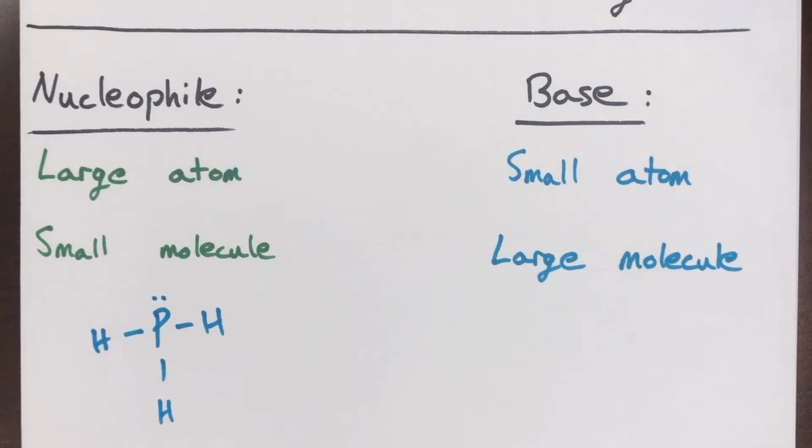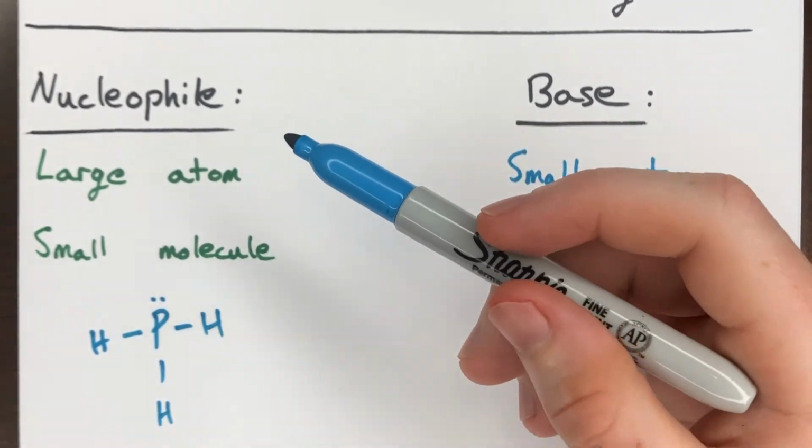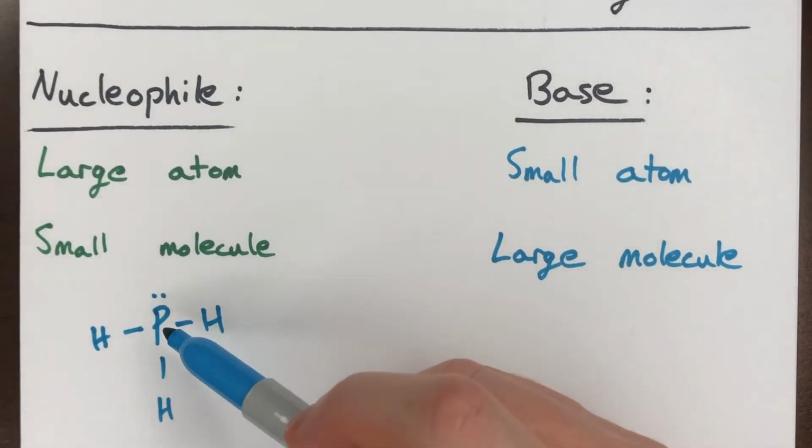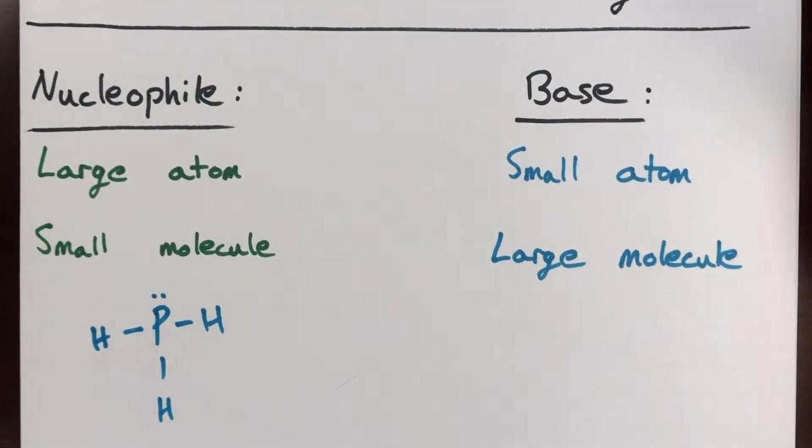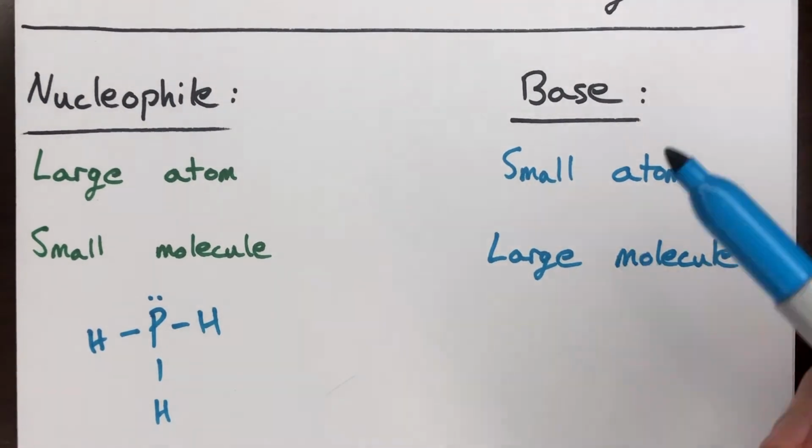It is in the 3rd row, and the molecule is small because it's substituted with 3 hydrogen atoms, which are all very small. So this would be an excellent nucleophile because the phosphorus, the reactive center, is a large atom, but the molecule itself is extremely small.